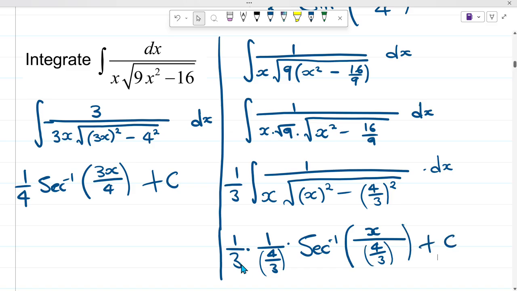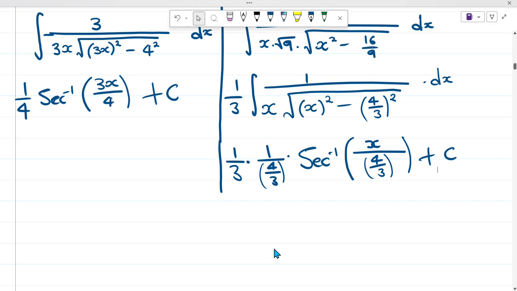Then when you check here, 3 and 3, what do they do to each other? They cancel each other. So at the end of the day, we'll be left with 1 over 4, and 1 over 4 over 3 is the same as 3 over 4, meaning the 3 here will go up. At the end of the day, this thing and this thing end up being the same.